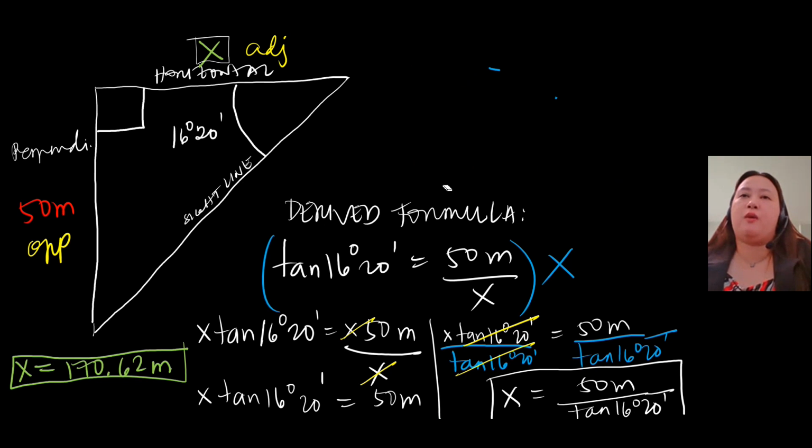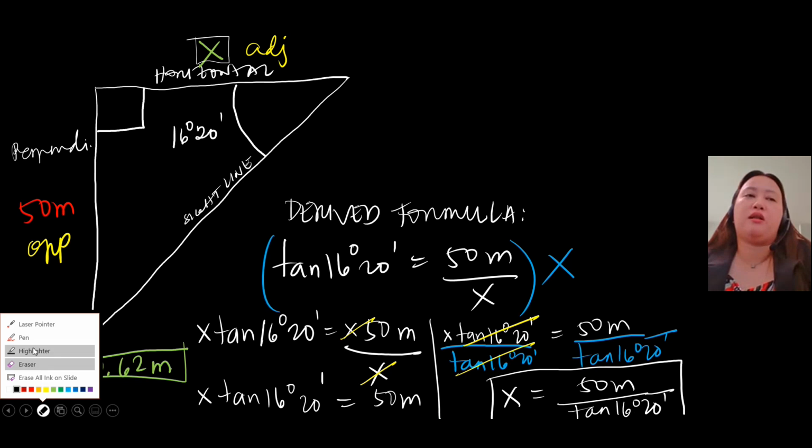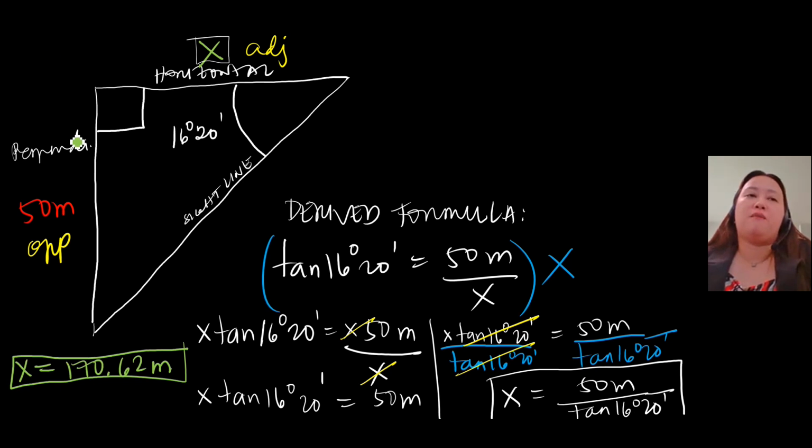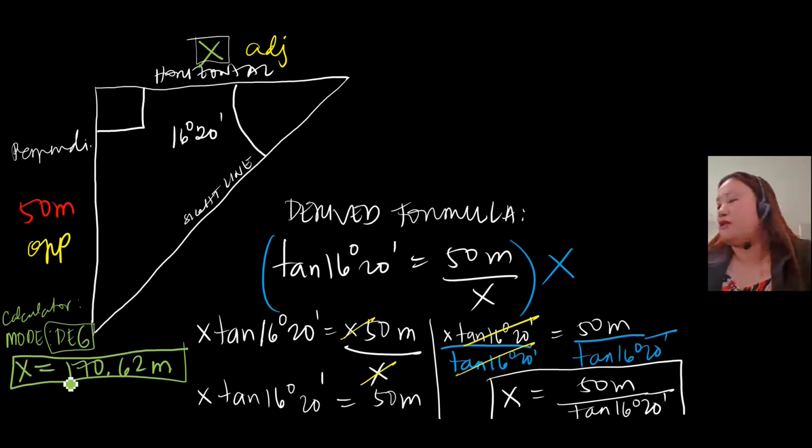Remember that when you compute using your calculator, the calculator should be in degree mode. So the mode should be degree, because if it is in radian, you can have a different answer other than the 170.62.